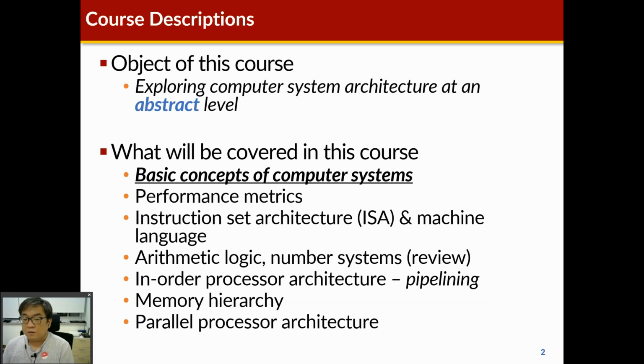So the memory system is very important in the computer system because every data used by the computer processor is stored in the memory systems, like DRAM or some storage devices such as hard disk drive or SSD, solid state drive.